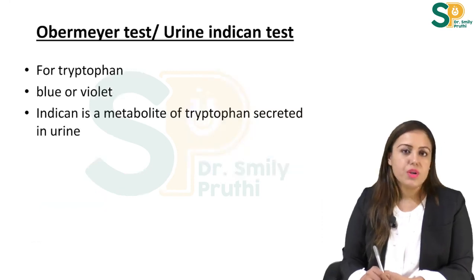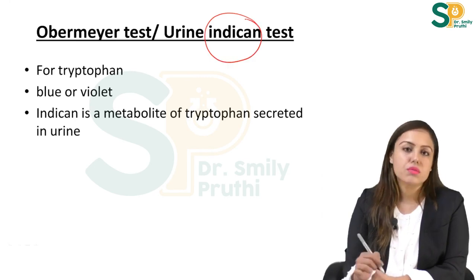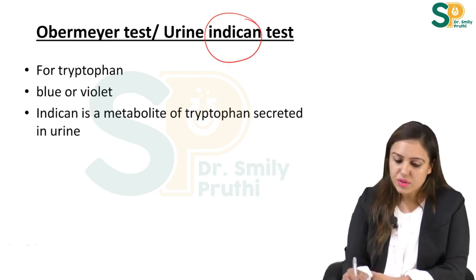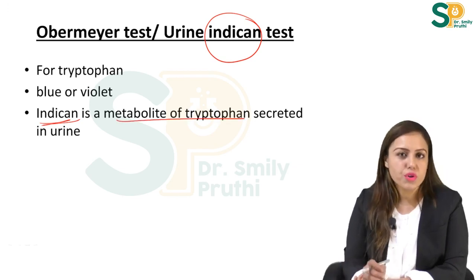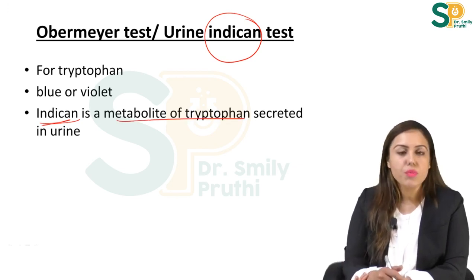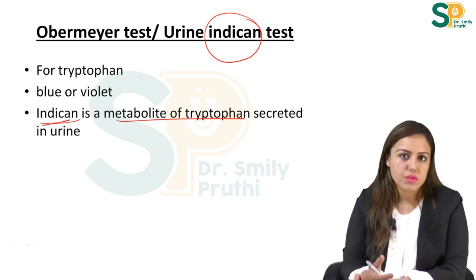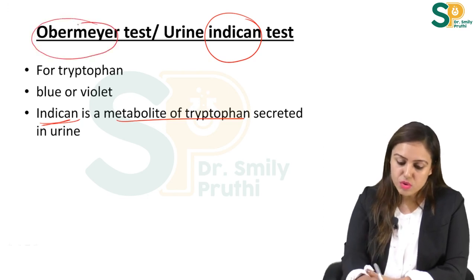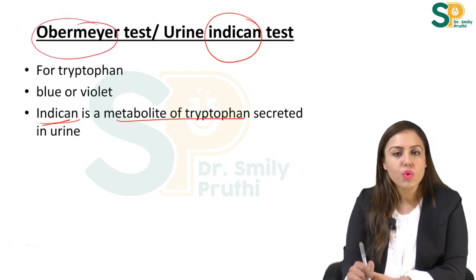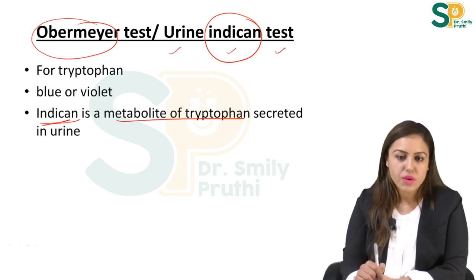Then coming to Obermeyer test, which is for indican of tryptophan. What is indican? Indican is a metabolite of tryptophan which is secreted in urine, right? Now, this Obermeyer test is therefore also called the urine indican test, right?